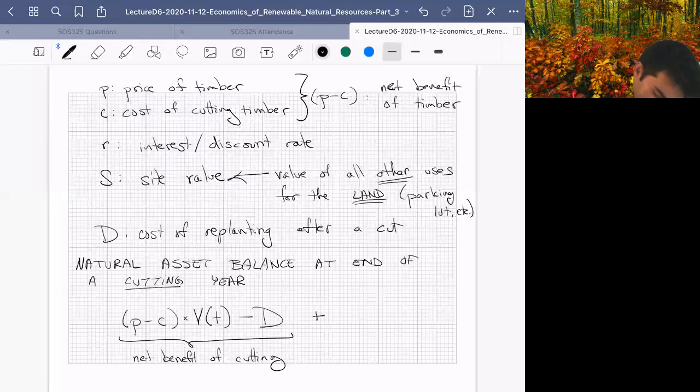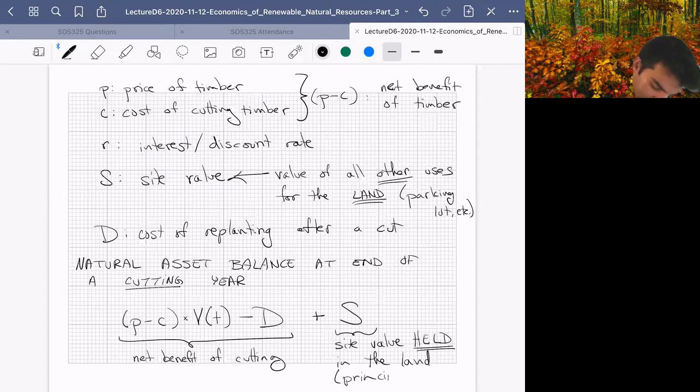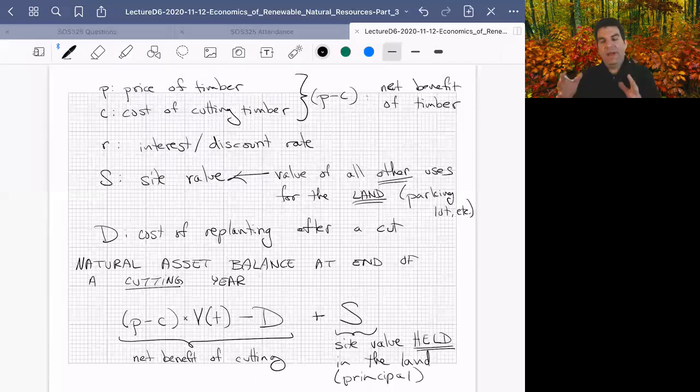And so then you add to that the site value held in the land. It's like principal in a bank account. And so those are the balance sheet at the end of a cutting year.